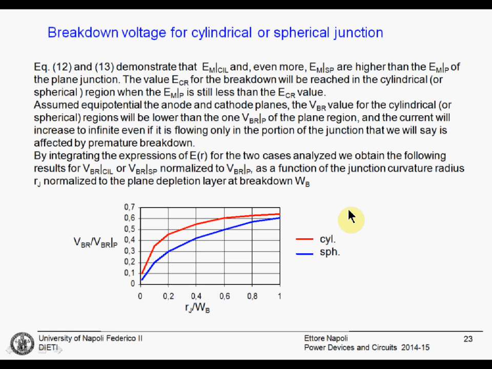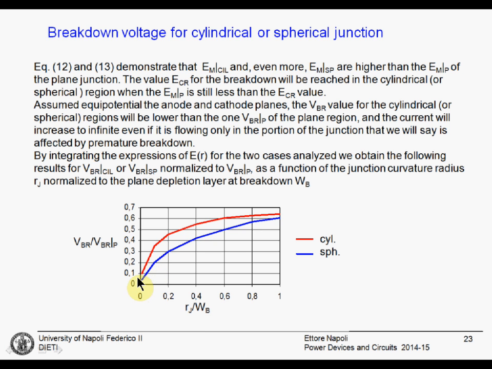In this case, we will say that we have a premature breakdown. And how premature? The value depends on the ratio between Rj, the radius of the diffused junctions, and the thickness of the depleted region at breakdown. If the junction is very shallow, with Rj very small, this value is dramatically low.